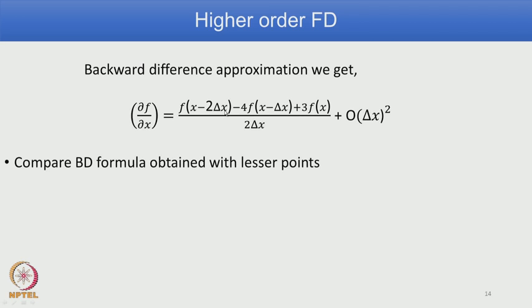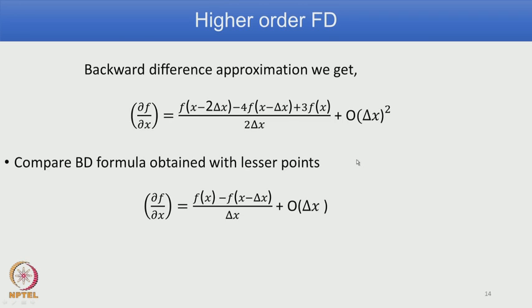Now, if you compare this formula with the lesser accuracy, that is the first order accurate one, then you get the formula here. So, only 2 points are considered and you have an additional point considered, and that results in the next order, that is second order accuracy.